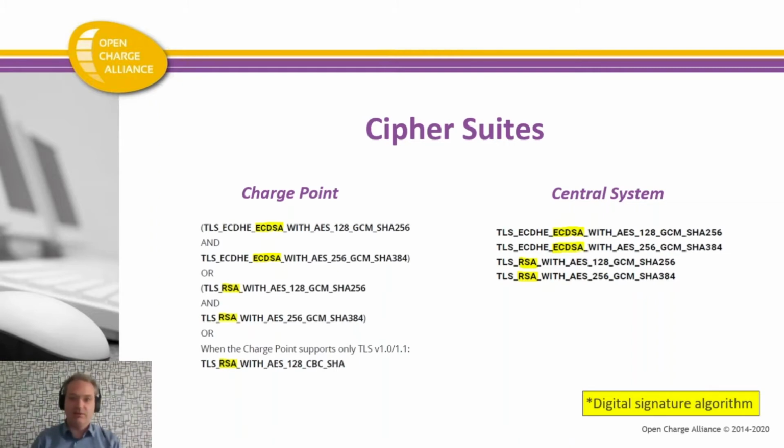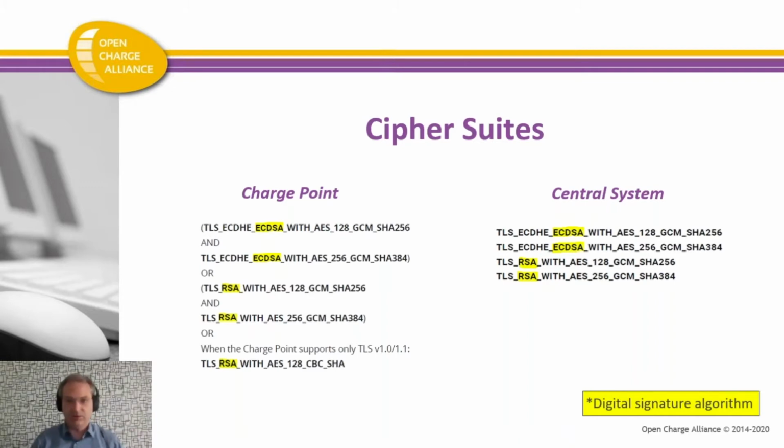On the right side, you see the central system cipher suites. We have 4. All 4 are mandatory for the central system. And on the left side, you see the charge point, and there you have a choice. You can either support the first 2 or the second 2. Or, and that's an exception we made in 1.6, when your charge point is not able to support TLS 1.2 because of hardware limitations or other limitations, then it is allowed to have TLS 1.0 or 1.1.